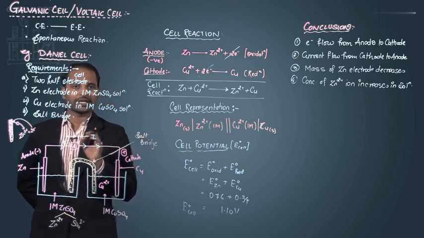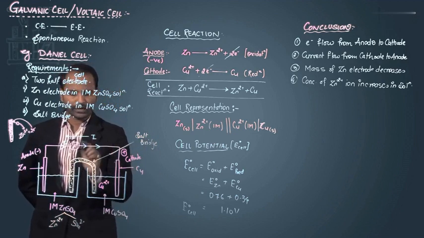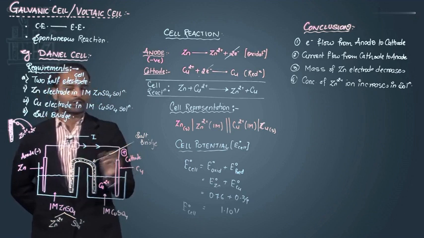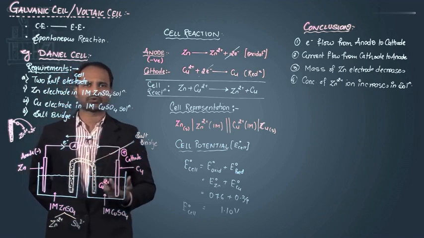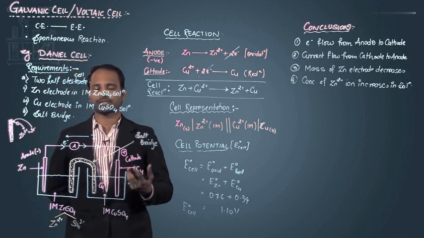So just to maintain the neutrality of the solution, the KCl salt bridge also contains the electrolyte, that means it also contains positive ions and negative ions.